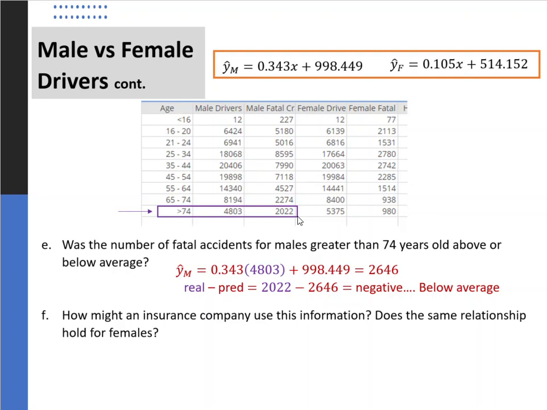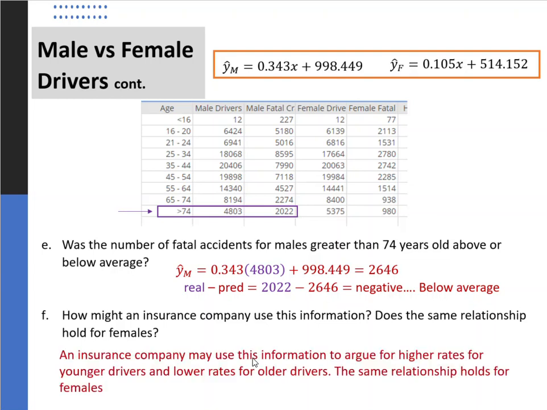So how do we think insurance companies might use this information? Well, if you noticed, the fatalities for the males in the 16 to 20 as well as the 21 to 24-year-old age bands were above average. So they had a higher than normal fatal crash rate, whereas the over 74-year-old males had a below average crash rate.